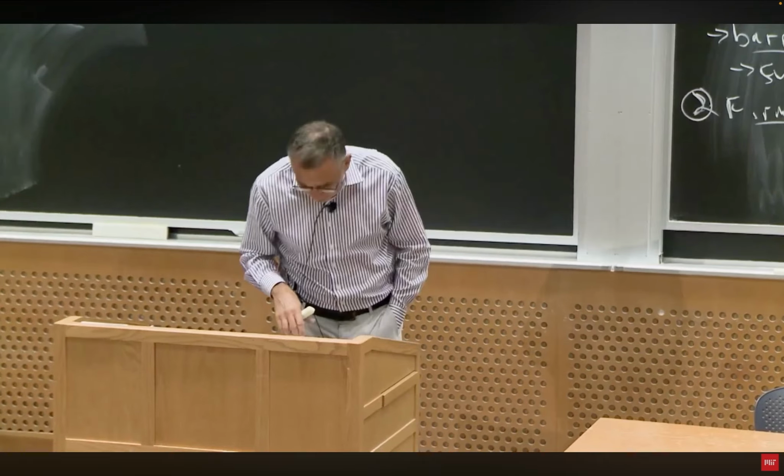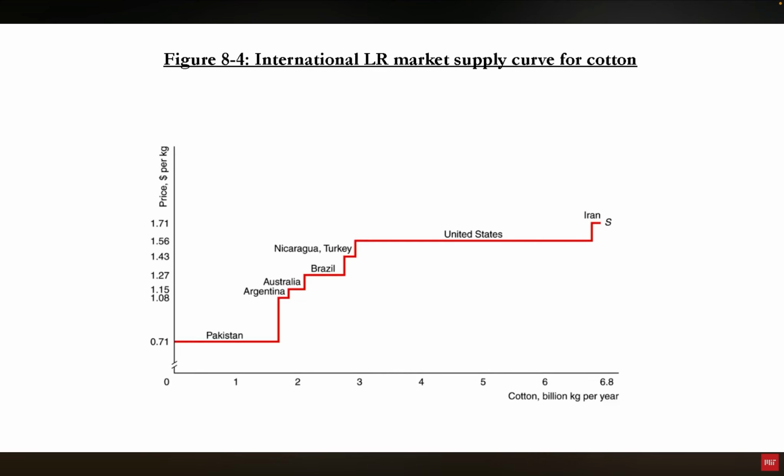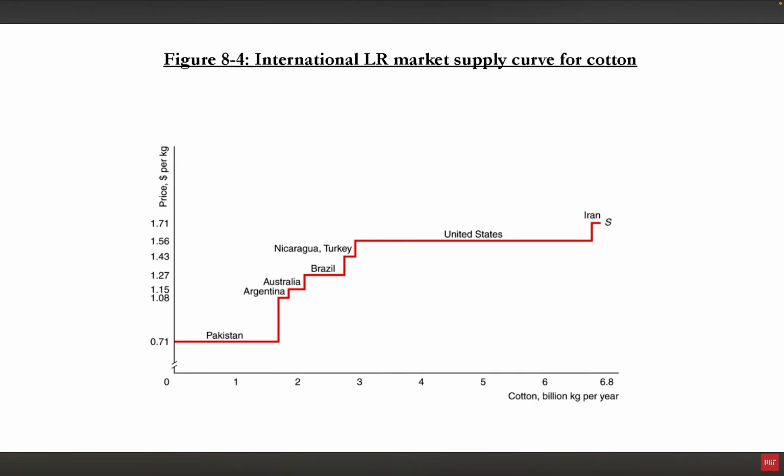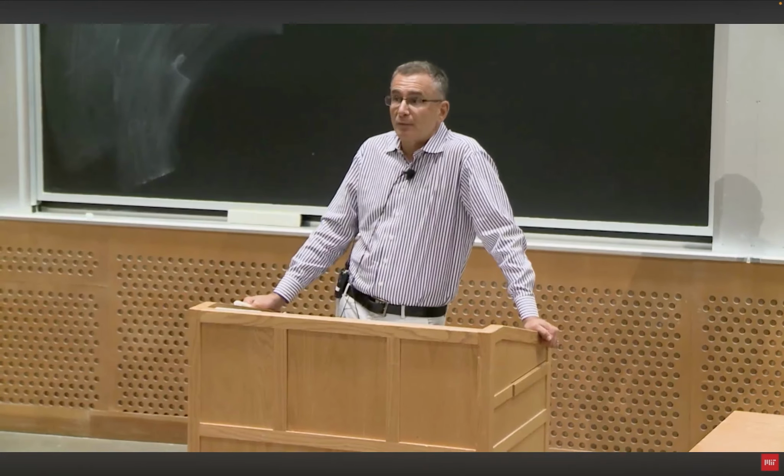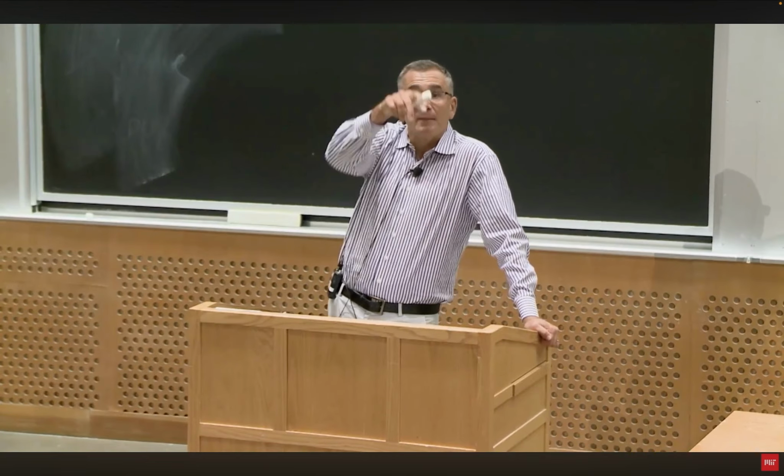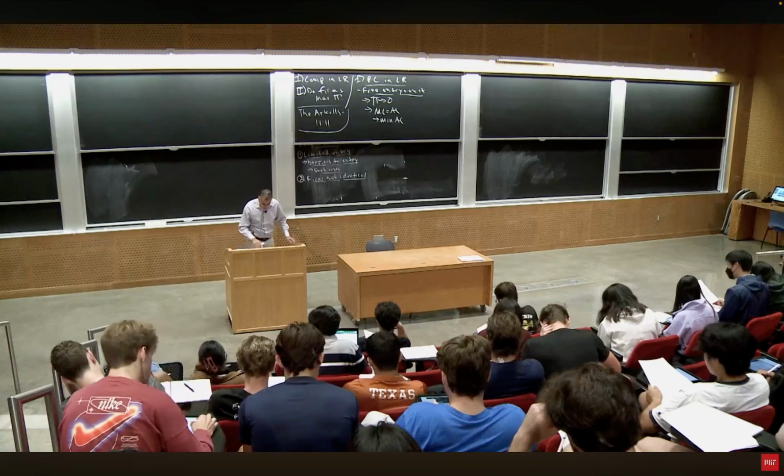But now let's say the demand curve is such that there's 5 billion kilograms demanded. If demand is 5 billion, what is the market price? If the demand for cotton is 5 billion, what's the market price? Yeah. Right. This is a supply curve.